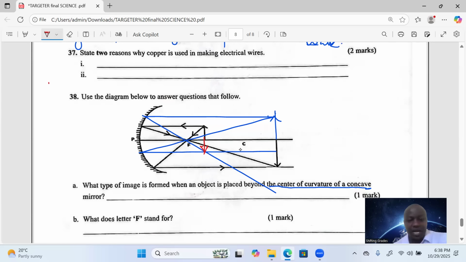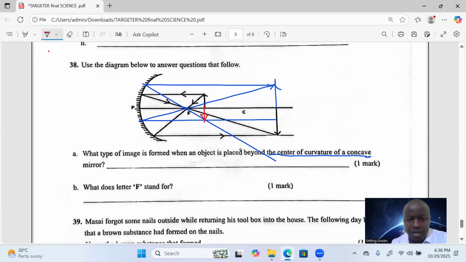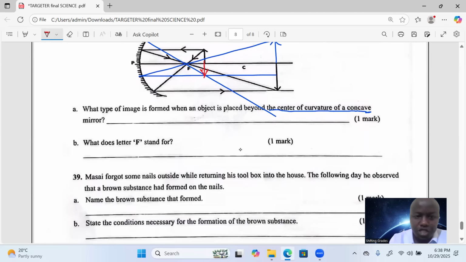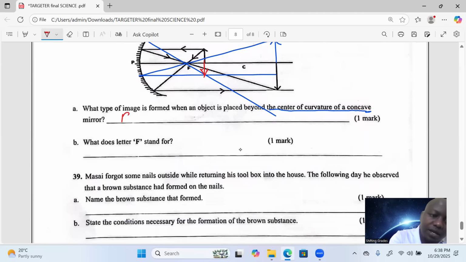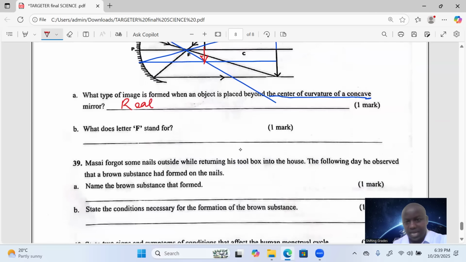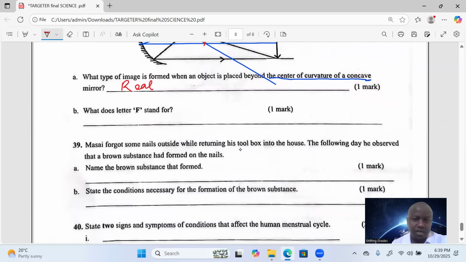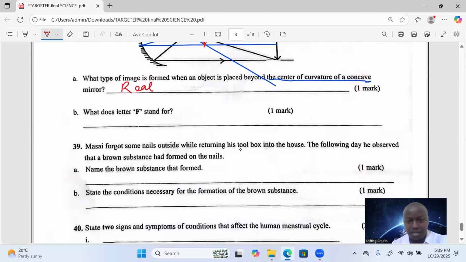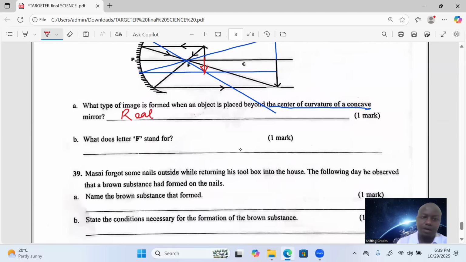So the image is real. The type of image is a real image, though it has other properties like inverted, diminished, that is smaller than the object, among other properties.